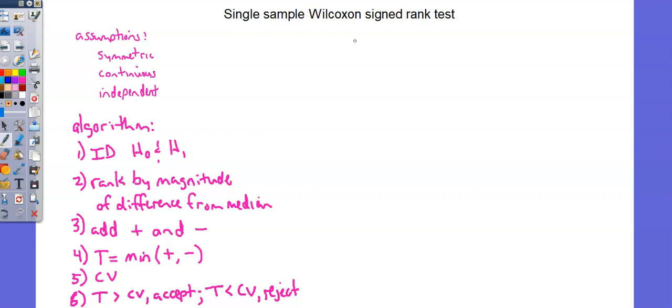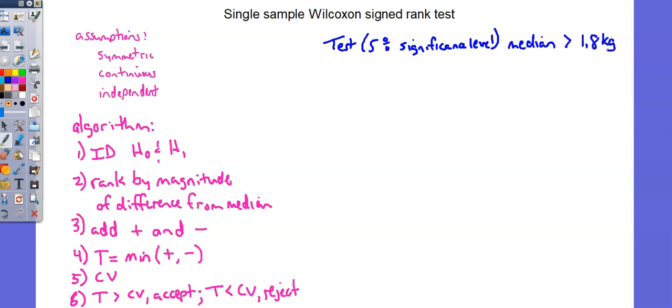I want to test, using a 5% significance level, whether the median is greater than 1.8 kilograms based on a group of measurements.